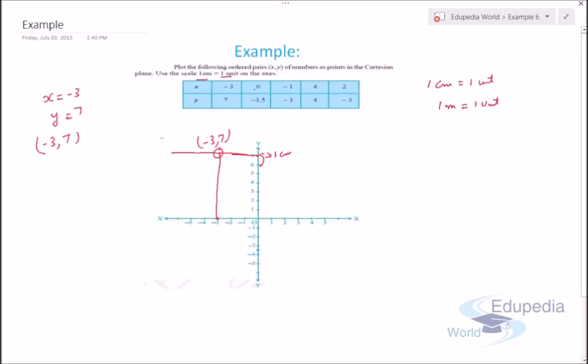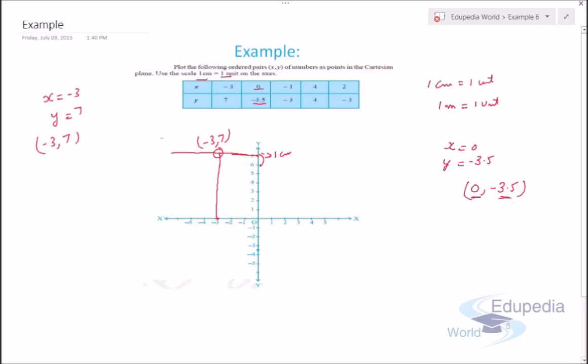Now the next point is x as 0 and y as minus 3.5. So the point becomes 0 and minus 3.5. Now again here the abscissa is 0 and ordinate is minus 3.5. So clearly this point will lie on y-axis. Now minus 3.5. So it is minus 1, minus 2, minus 3.